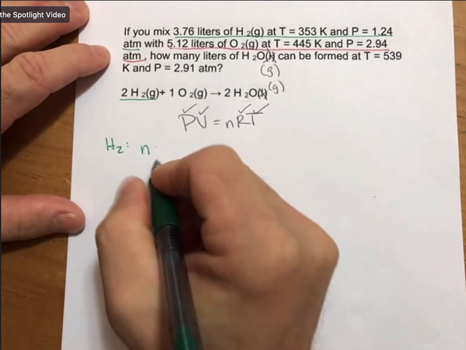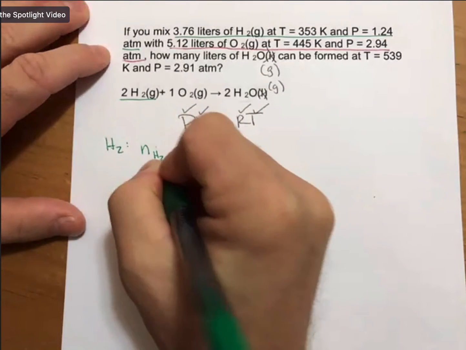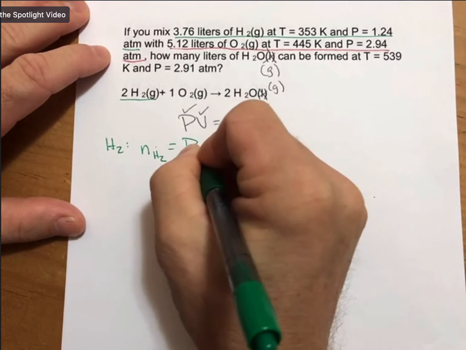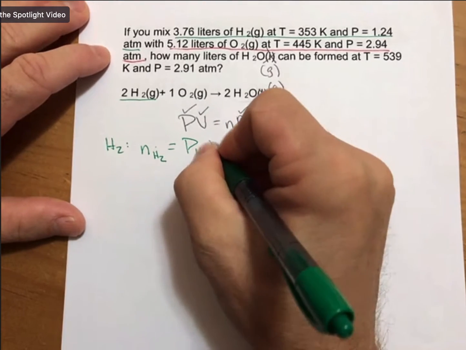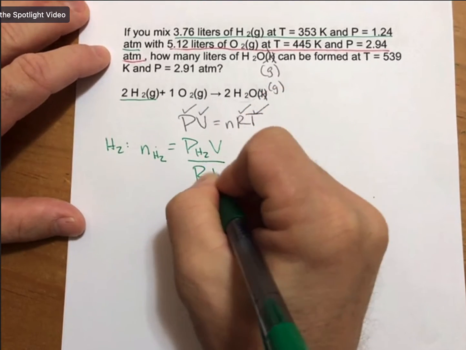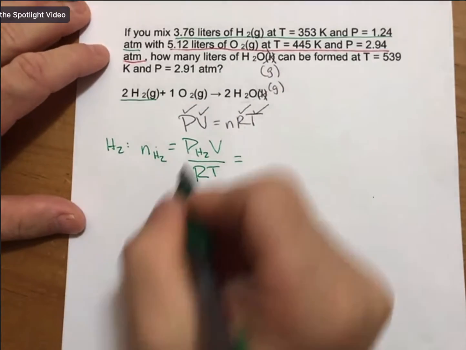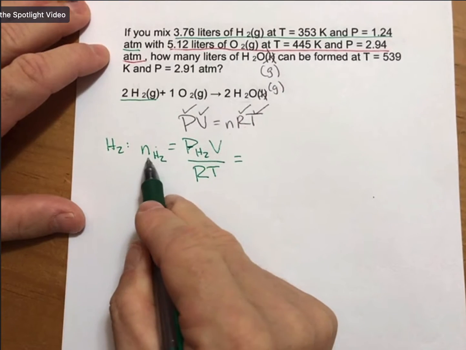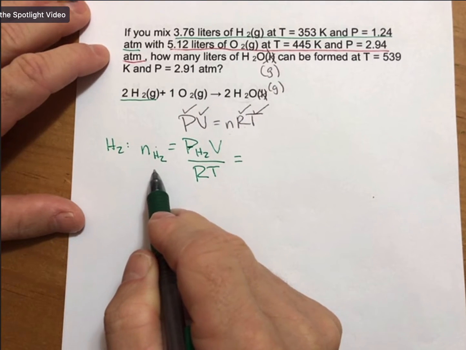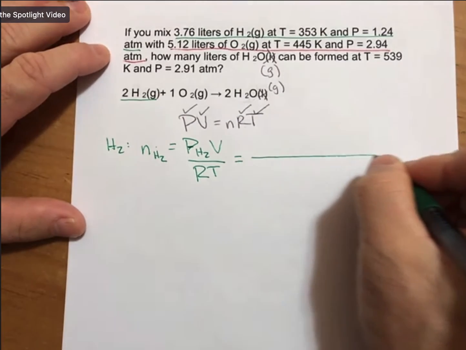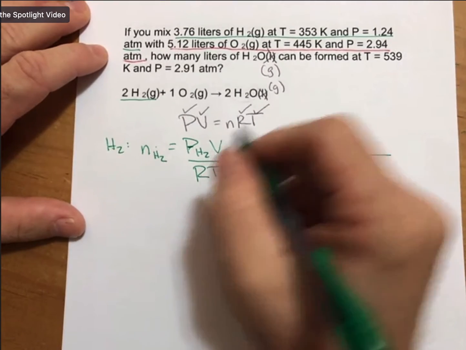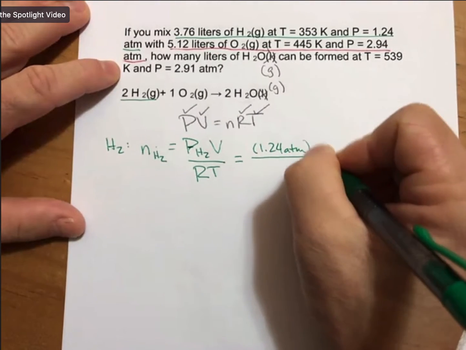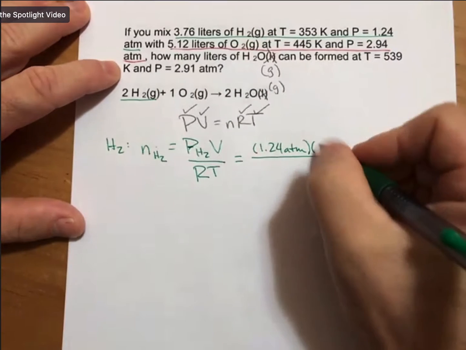And I will, since we're doing this twice, use my ideal gas law in terms of hydrogen. You can see I've solved my ideal gas law for my moles of hydrogen. And I'll plug everything in. I have 1.24 atmospheres. I have 3.76 liters.